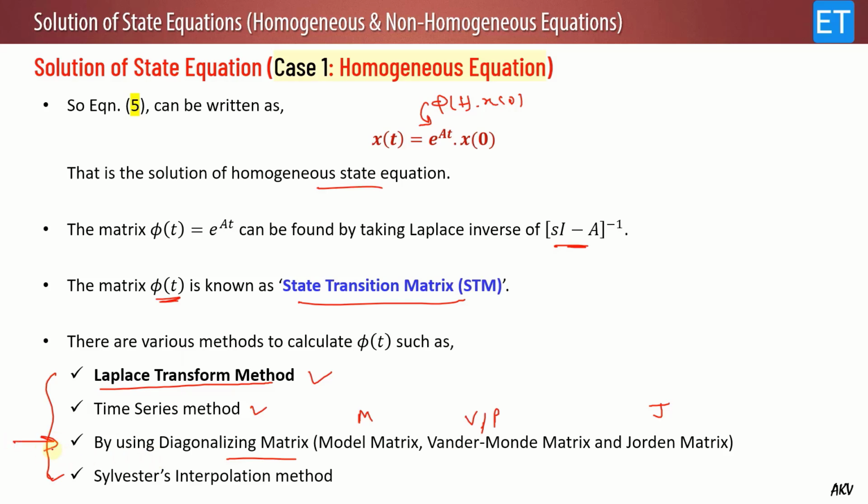Although the method using the diagonalizing matrix is the fastest, because it is a time domain approach, we do not go for any Laplace, where you have to take the inverse and do partial fractions, etc. It is based only on matrix multiplications. So that method is faster as compared to Laplace, but the Laplace one is the easiest.